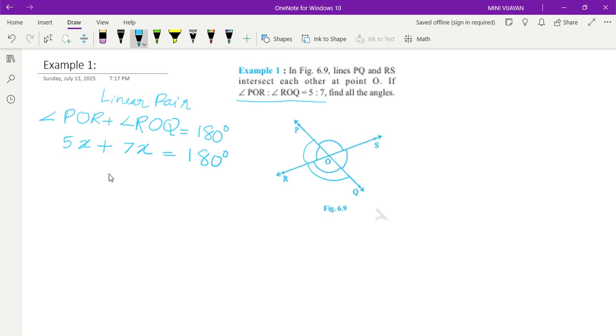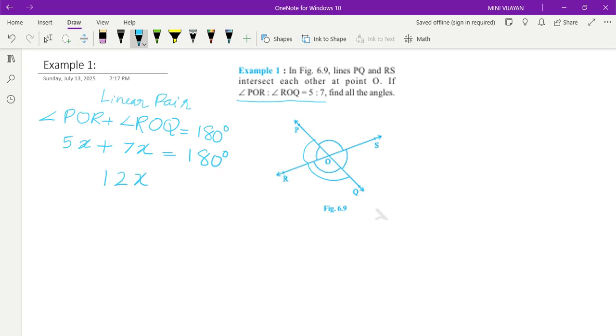How do we solve this equation? It is a linear equation. When you add 5x plus 7x, what do you get? We know how to add algebraic expressions. In order to add them, we add the coefficients.